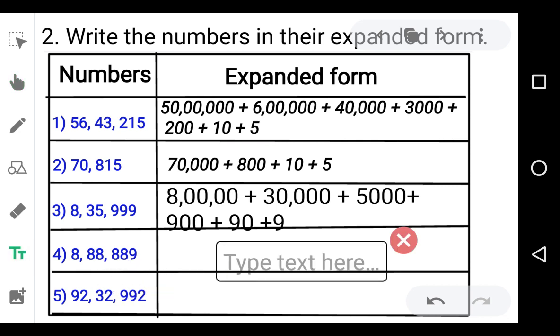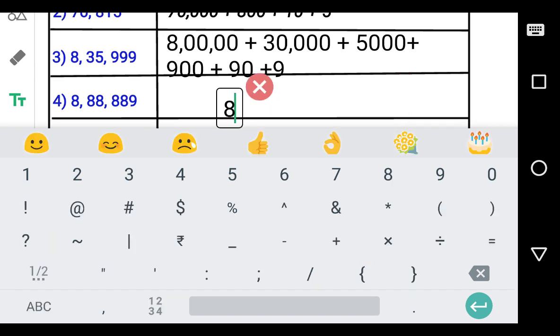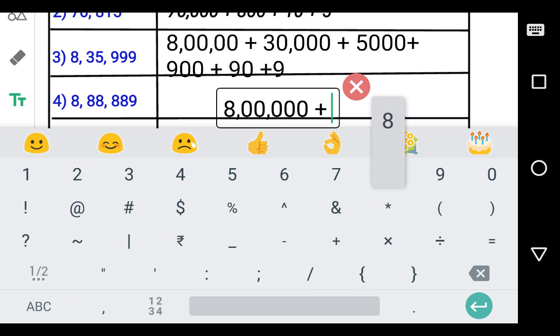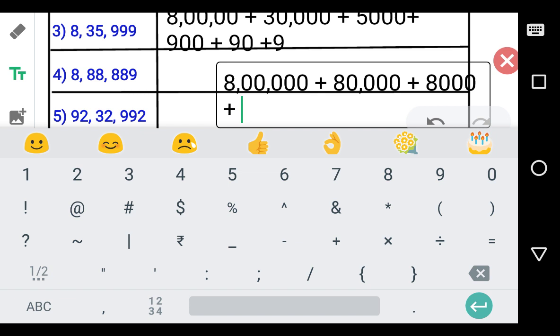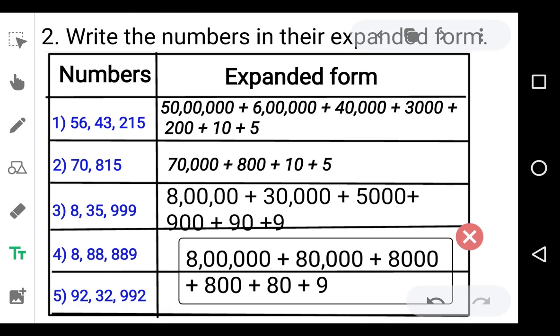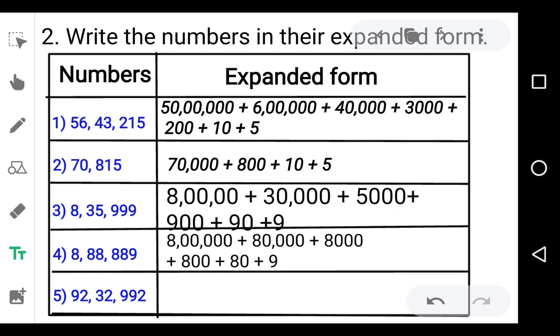So its expanded form is, see, 8 lakh plus 80,000 plus 8,000 plus 800 plus 80 plus 9. Now see the next one.